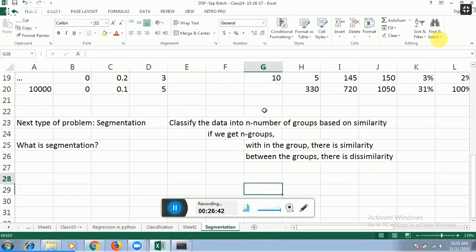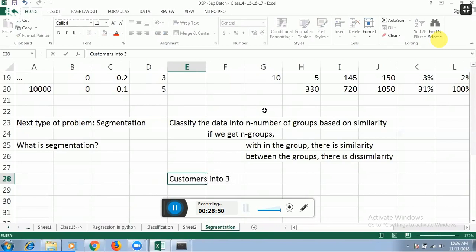A simple example: you are classifying the customers into 3 segments. Maybe affluent customers, mass affluent customers, or mass customers.